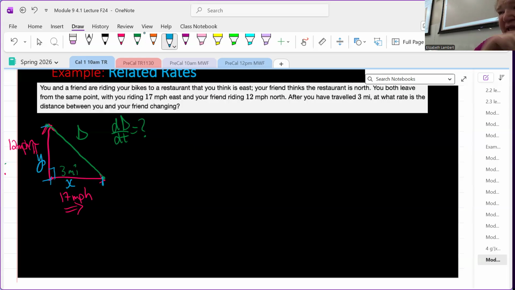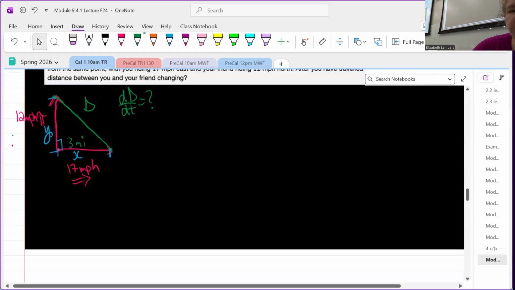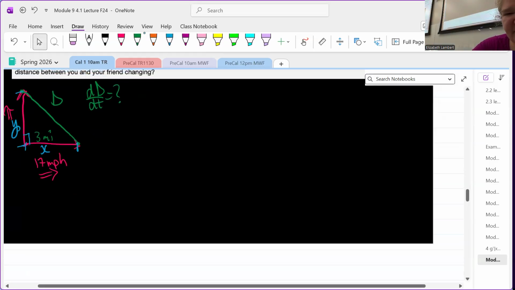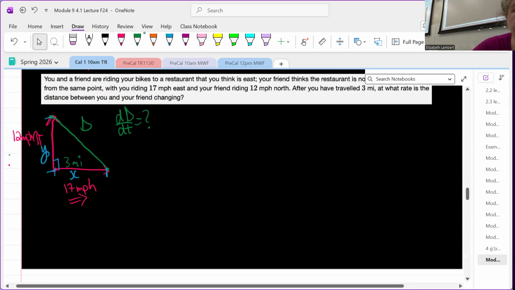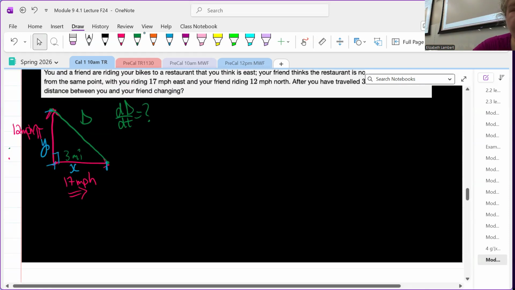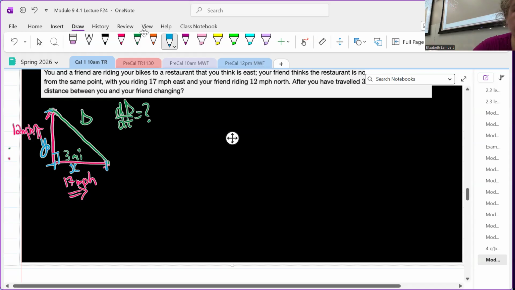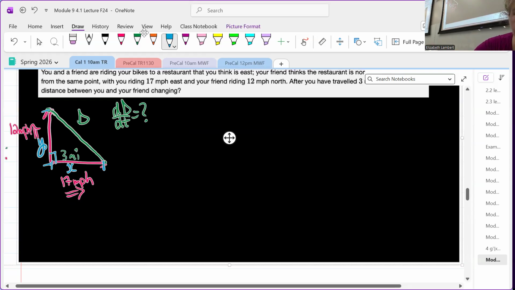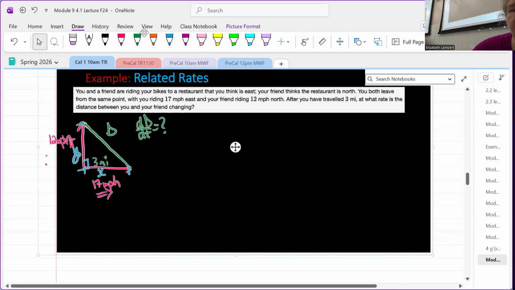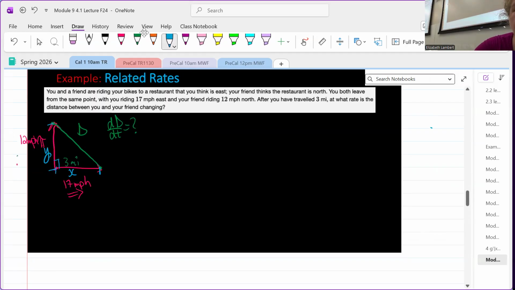So what do I know about the lengths of the sides of a right triangle? How do they relate together? So Pythagorean theorem again.